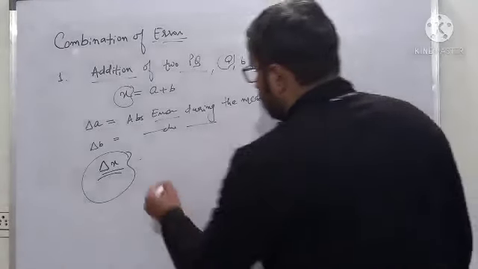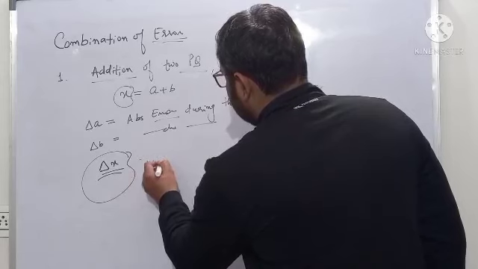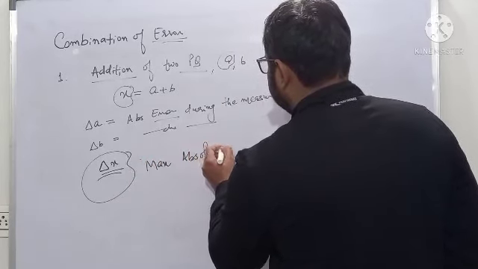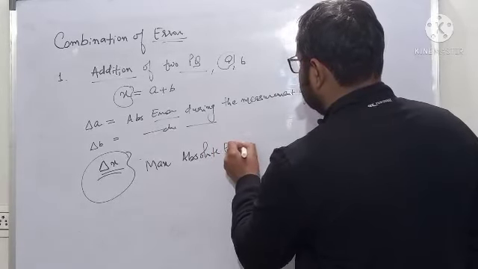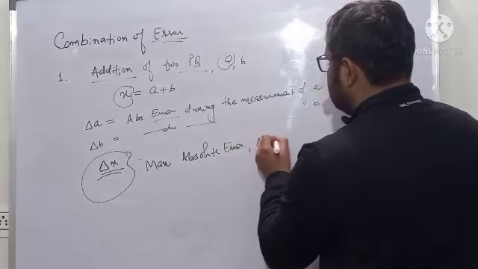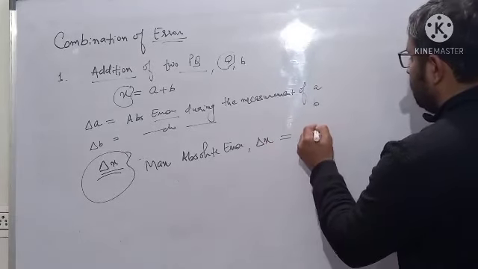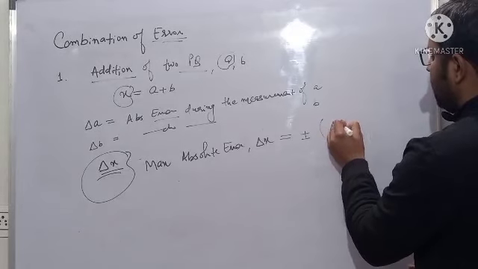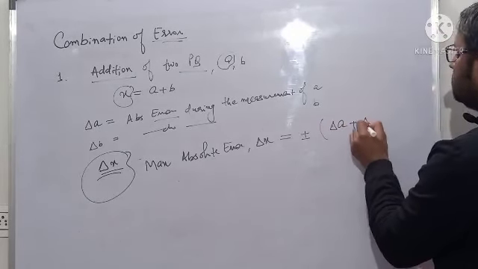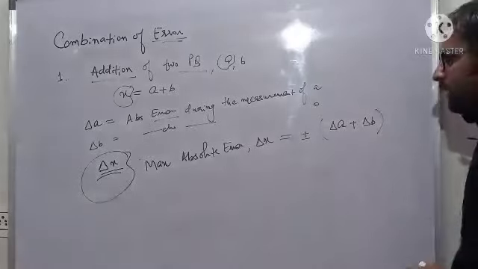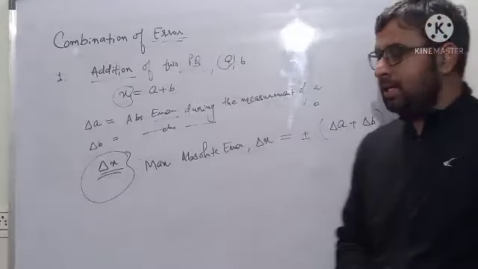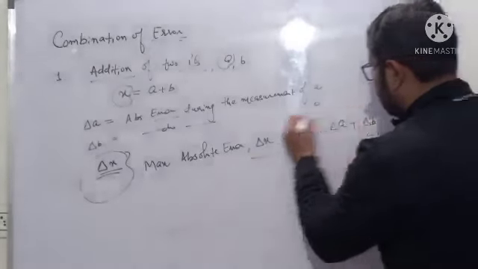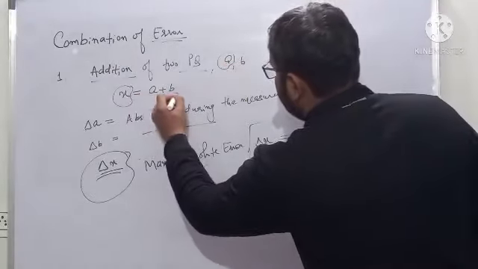So this maximum absolute error delta X will be equal to plus minus the absolute error in physical quantity A plus the absolute error in physical quantity B, delta A plus delta B. This will be the maximum error when these two quantities A and B are added up.